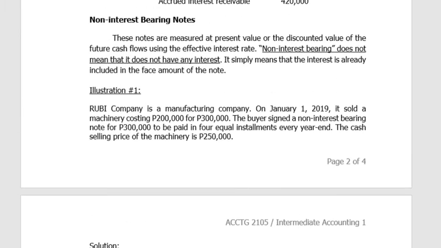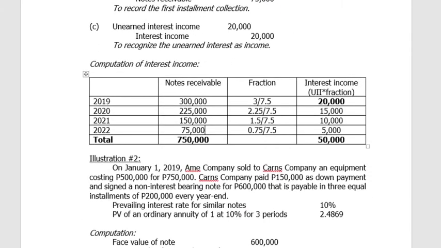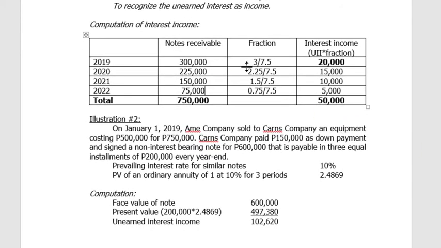To get the fraction, so 3 divided by the total notes receivable for the entire, the balance of the notes receivable for the 4 installment period. So, 300 plus 225 plus 150 plus 75 is 750,000. So, 3 over 7.5 times 50,000.